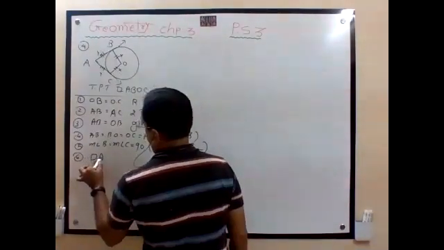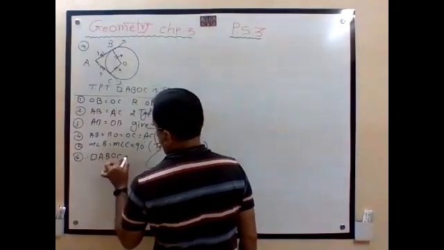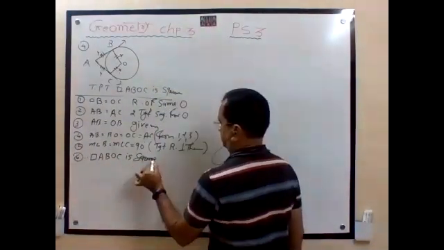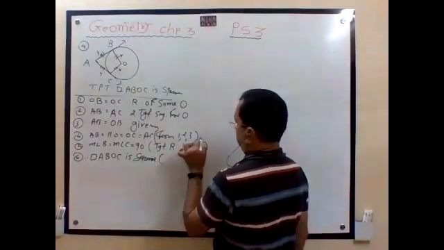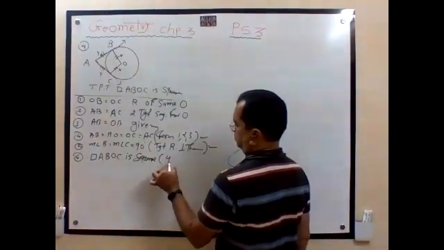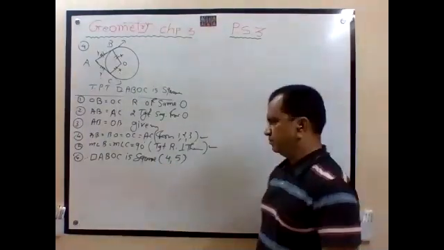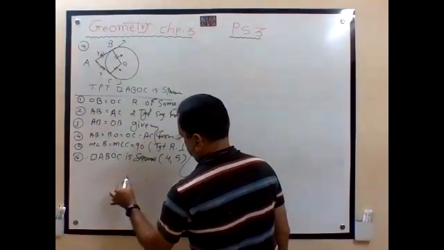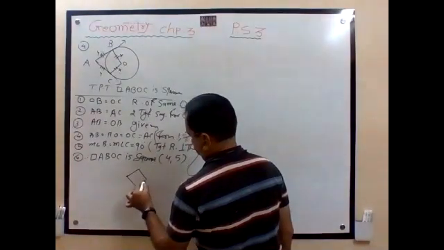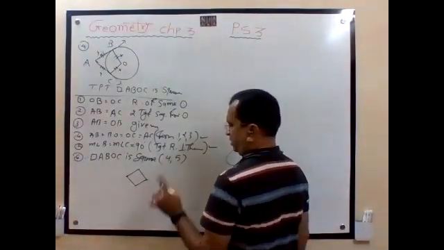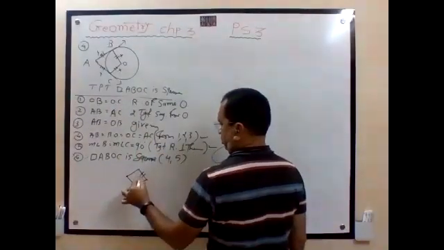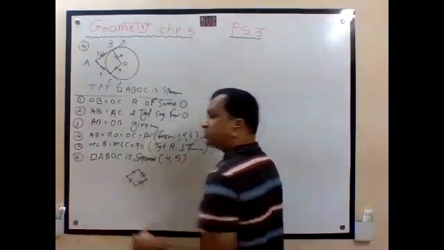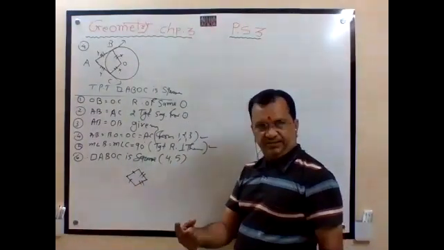Therefore, quadrilateral ABOC is a square. Again, explanation. Statement number 1, two radii are equal. Statement number 2, two tangent segments are equal.